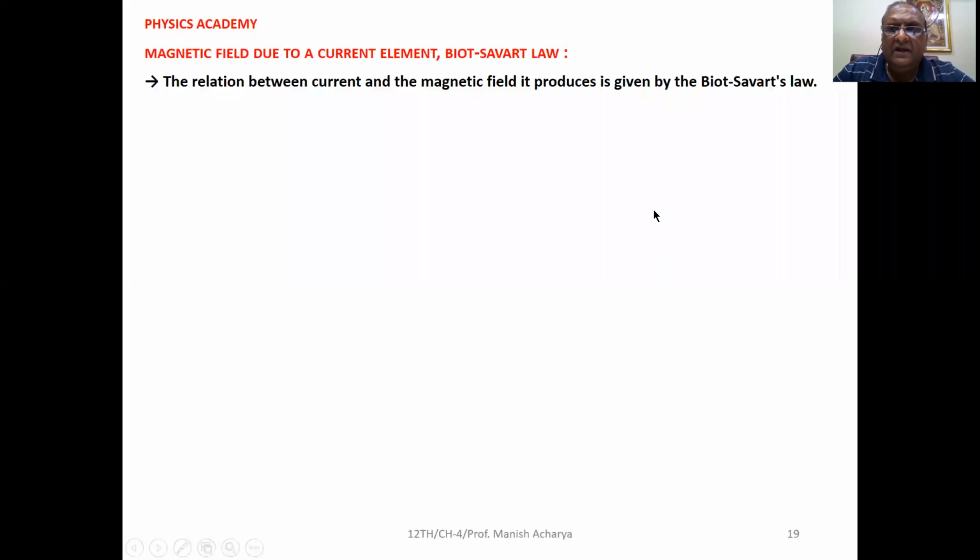Yes, sir. Now the next topic, that is magnetic field due to a current element, Biot-Savart law. Okay. See, scientist Oersted represented this thing experimentally. When current is passed through any conductor, the magnetic field is produced in the surrounding of it.